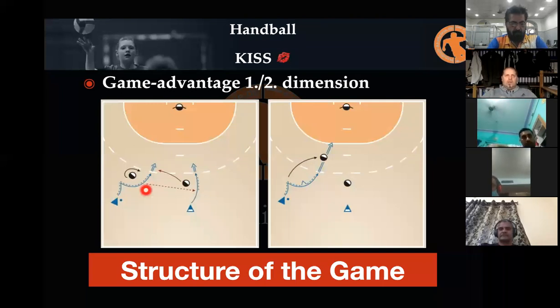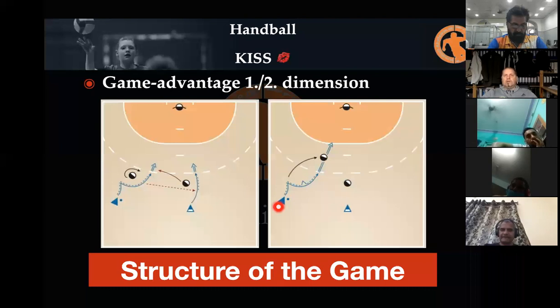So you see, game advantage is always an action from the player with the ball against an open defense, winning one-on-one, easy scoring, or enforcing help from a second defender, with a pass to a second attacker who is running free. So with that game advantage, you can create the goal shot situation, or you can create, by enforcing the help, the numerical superiority for your teammate.